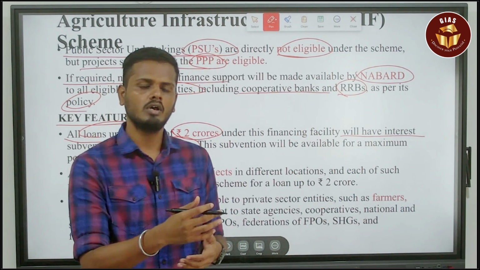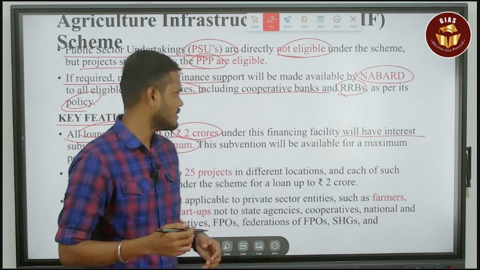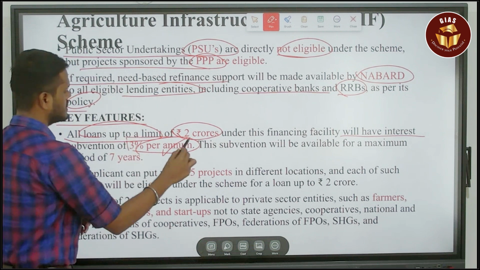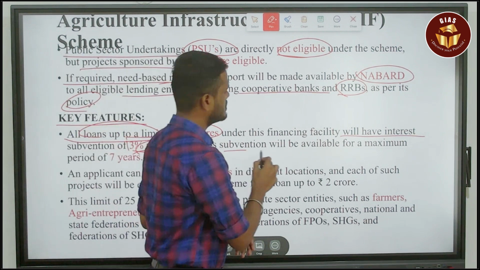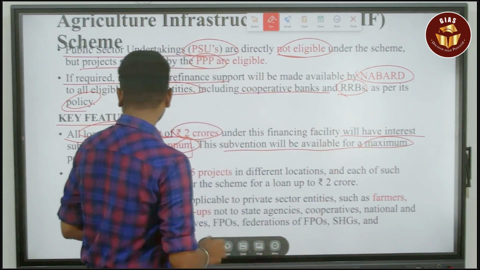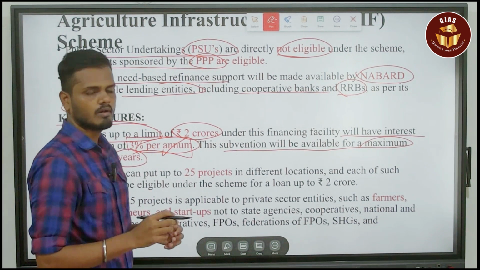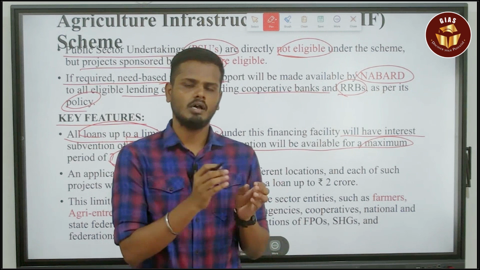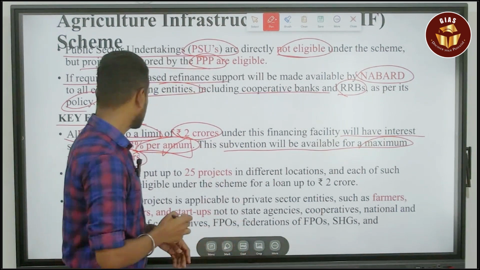They can get up to 2 crore for the project, at an interest of 3% per annum. So 3% is important, and the subvention will be available for a maximum period of 7 years. They have to repay within a maximum limit of 7 years.